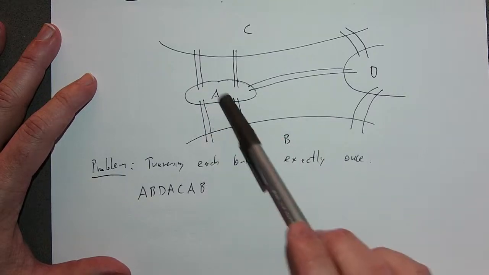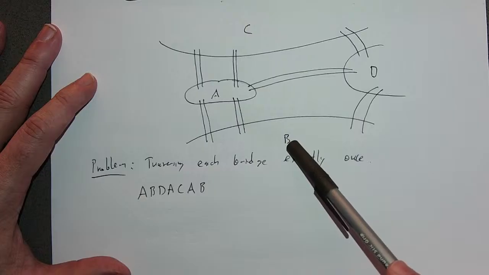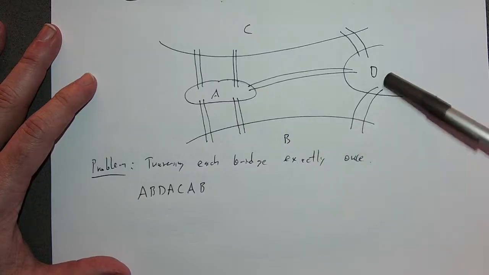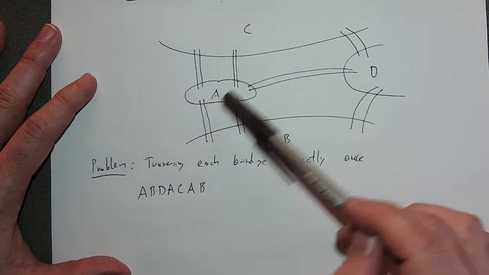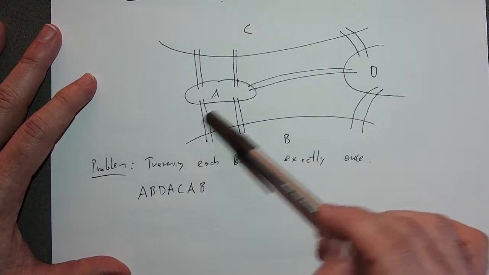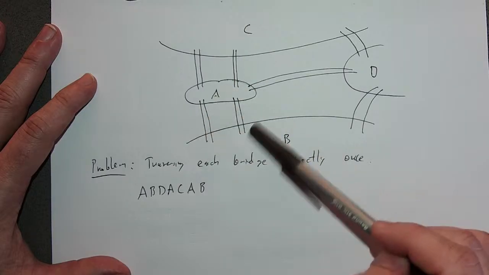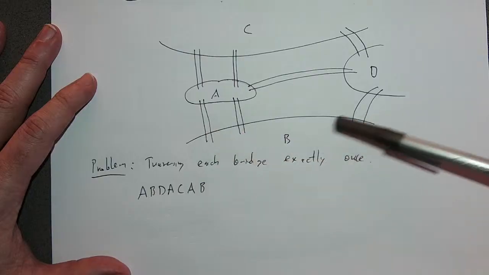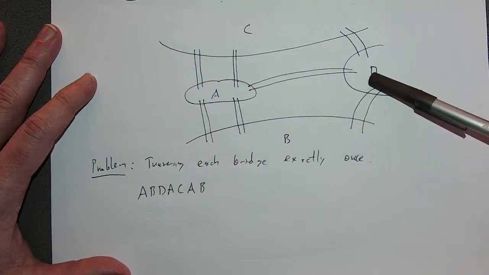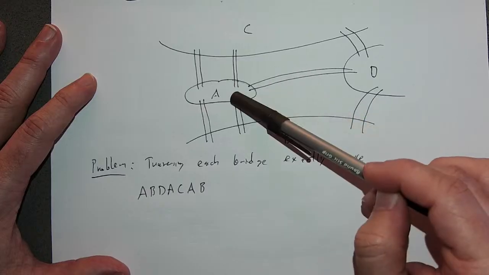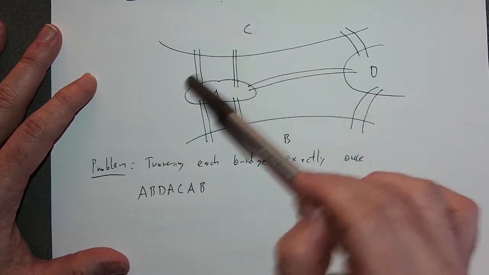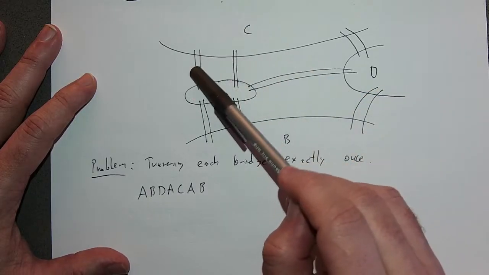Okay, so one of them gets used to cross to B. From there, I cross to D in the only way that I can. So here in this first one, let's say that I use this bridge. So I crossed from A to B using this bridge, from B to D using the only bridge I can, to A using the only bridge I can, to C using one of these bridges. We'll say I use this one.